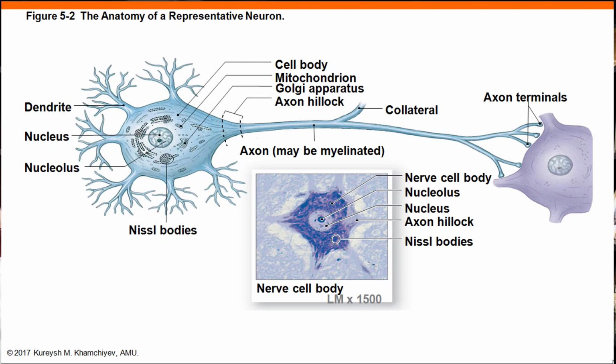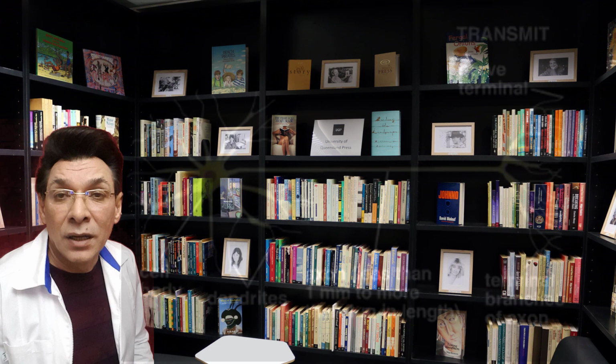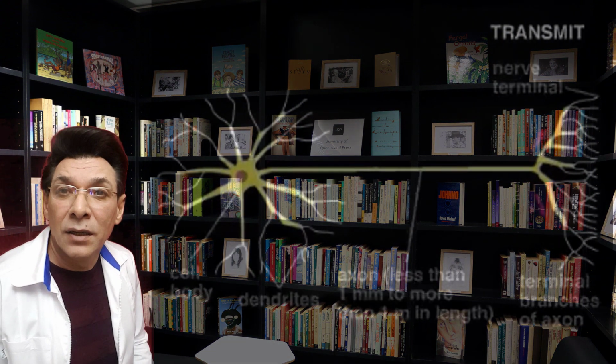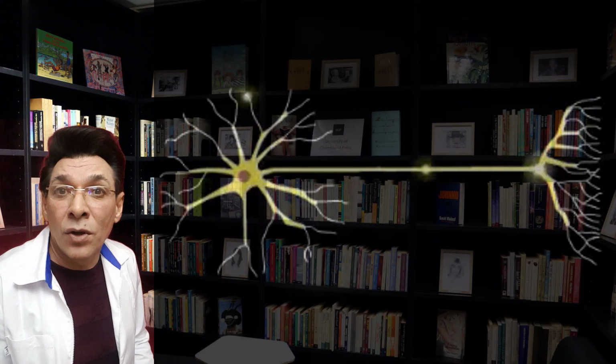Neurons vary in their function. They can be sensory, motor, or integrative neurons. Neurons vary in size and shape and in the number of axons and dendrites that they may have. Due to structural differences, neurons can be classified into three major groups.